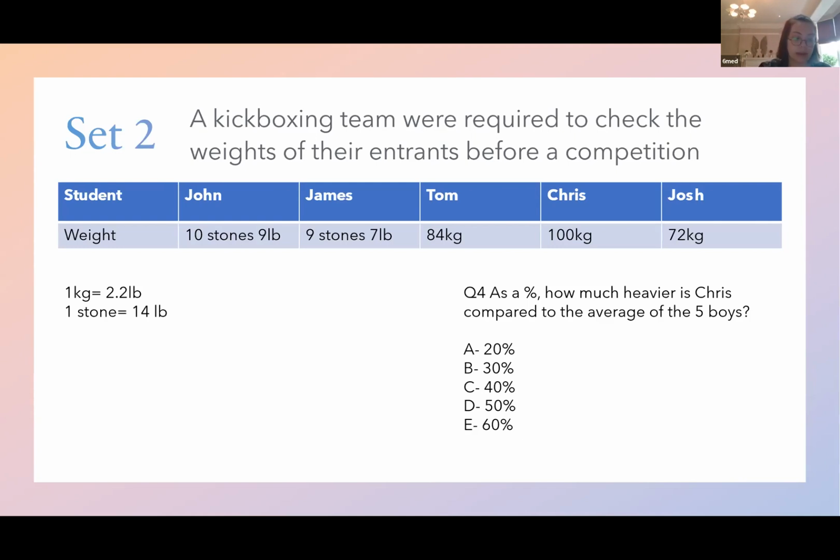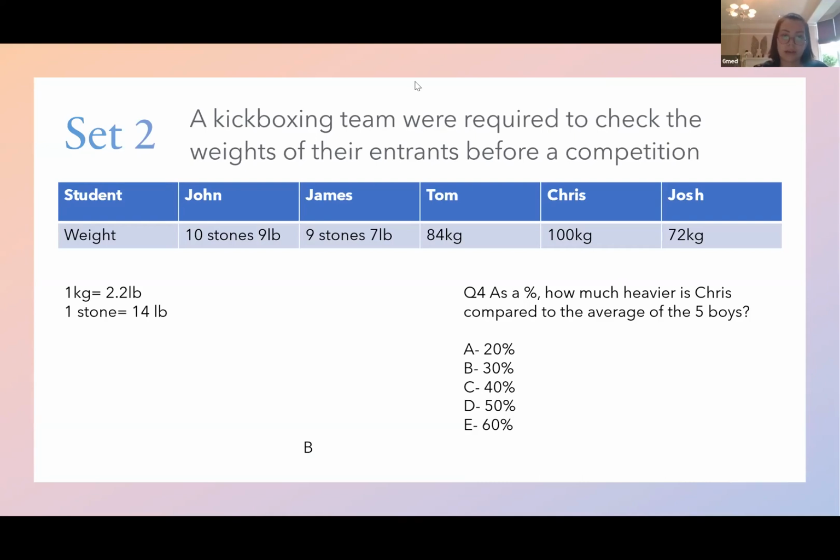So we're doing the difference divided by the original, like we talked about earlier, times by 100. So the change divided by the original times by 100, which works out to be about 30%. I don't think it's specifically 30% exactly, but it's the closest to 30%.